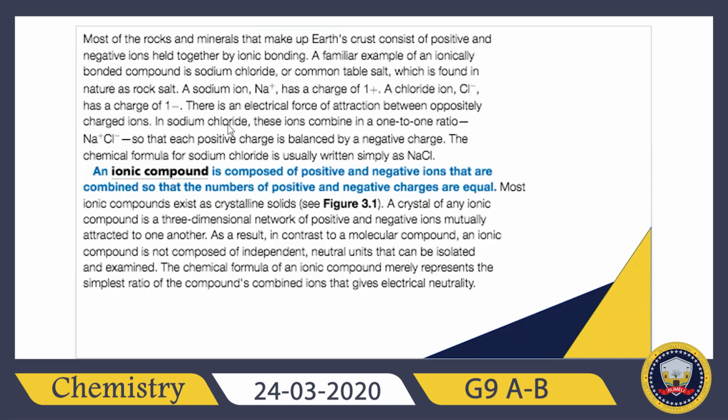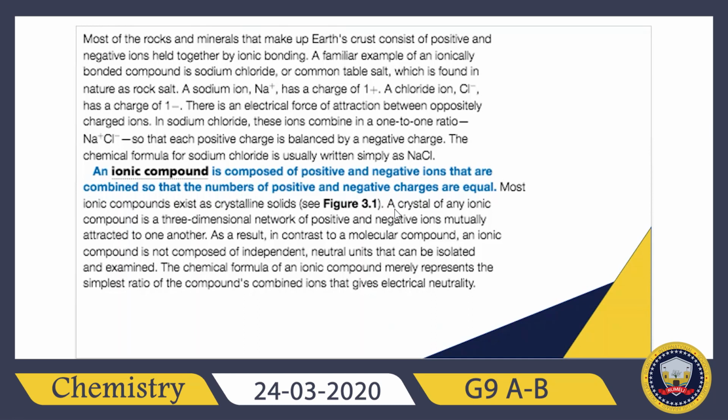Now, most ionic compounds exist as crystalline solids. Okay, we will see figure 3.1. Now, a crystal of any ionic compound is a three-dimensional network of positive and negative ions mutually attracted to one another.